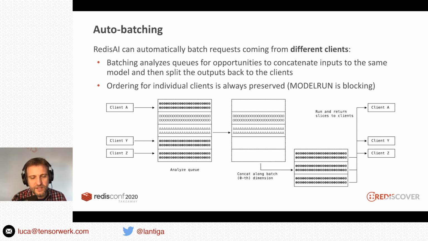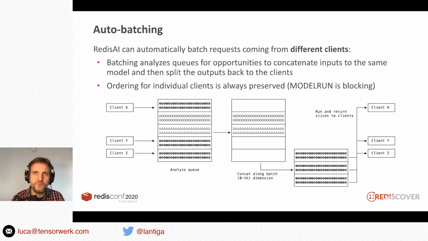For example, if you have a computer vision network that receives many requests for individual images that are not very large in size, it's much more efficient to take all this in a batch of requests if they're concurrent ones, and then send them all in one shot, and then all the responses are fanned out to the individual clients that requested individual inputs.